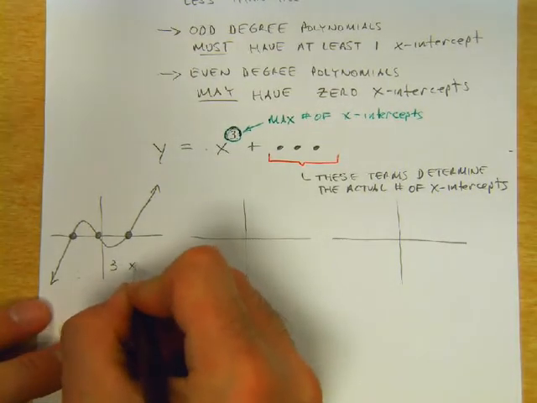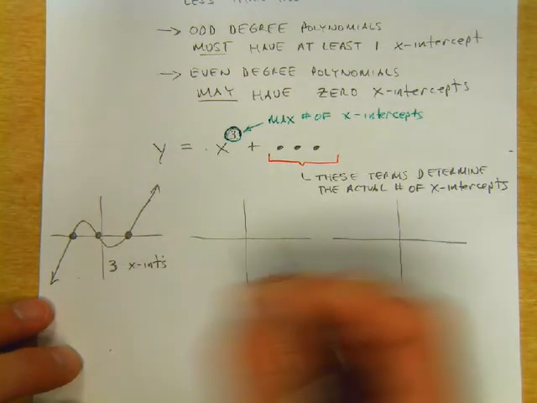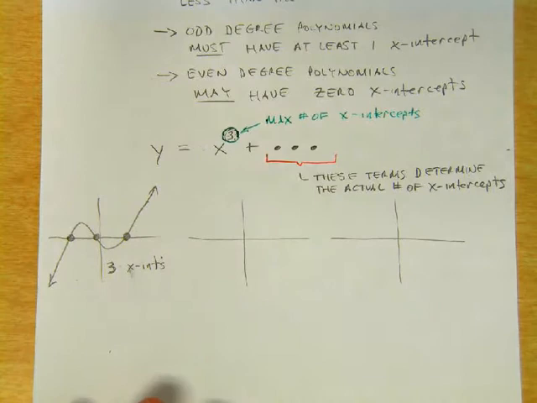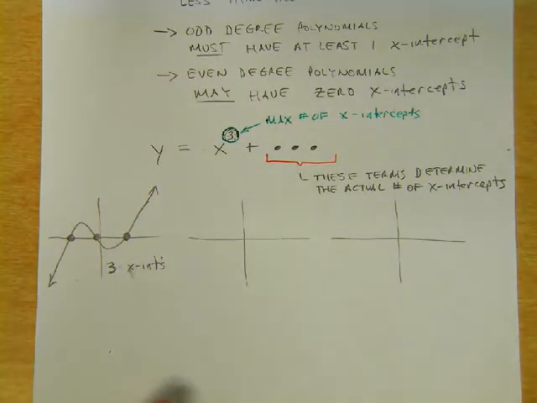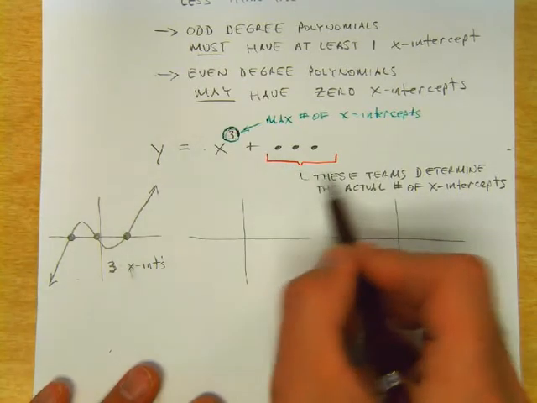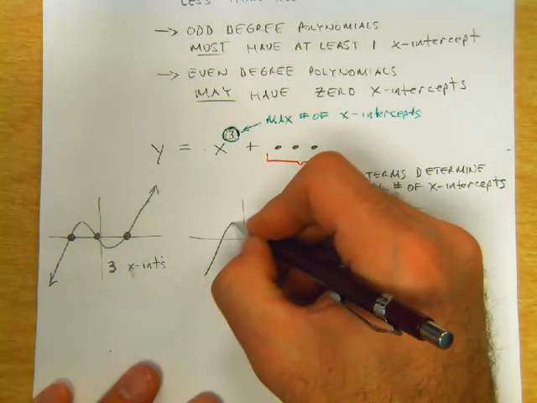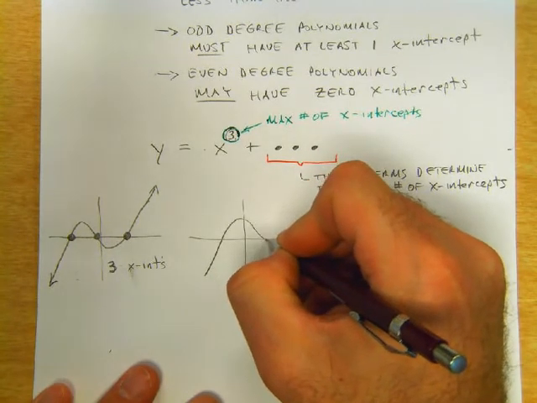But it's possible that we don't have 3. These terms here could cause us to have less. We could have 2 x-intercepts, depending on these other terms.